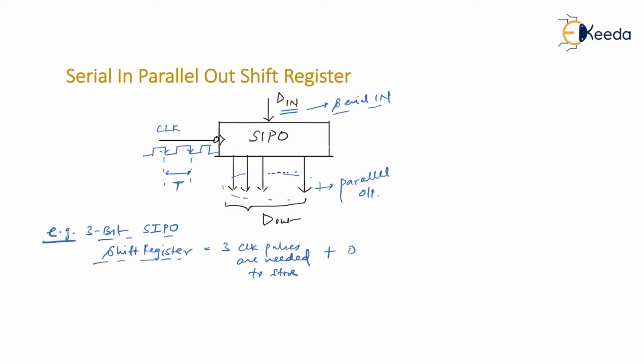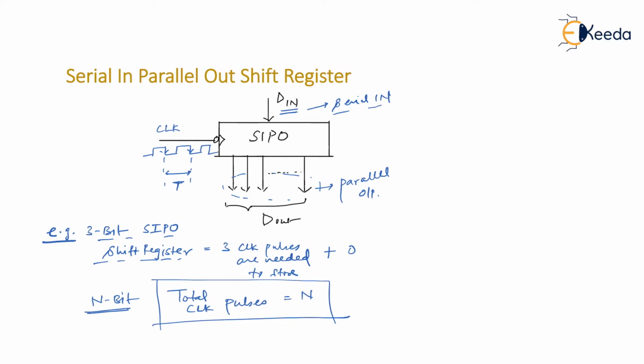Moral of the story, what I really want to say: for an n-bit shift register, if I want the total clock pulses, it is straight away n. N clock pulses are needed to store the data. The moment the data is stored, at the same time, all the data is available on the respective pins of the flip-flops.